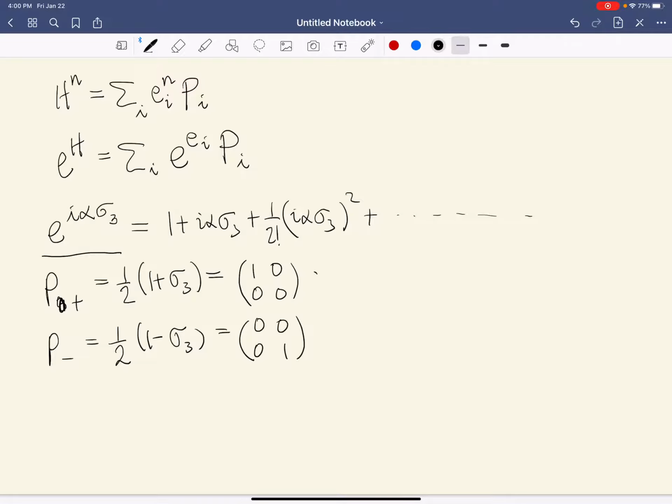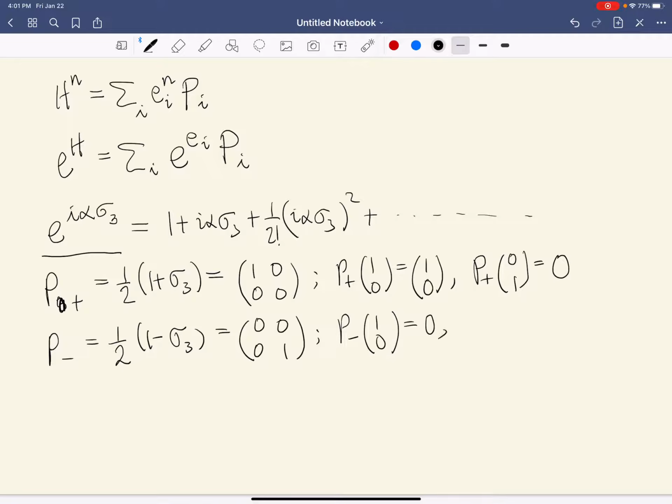Okay, so when P plus acts on (1, 0), it returns the same state. But when P plus acts on (0, 1), then it annihilates it. Likewise, when P minus acts on (1, 0), it annihilates it. But when P minus acts on (0, 1), it returns the same state.